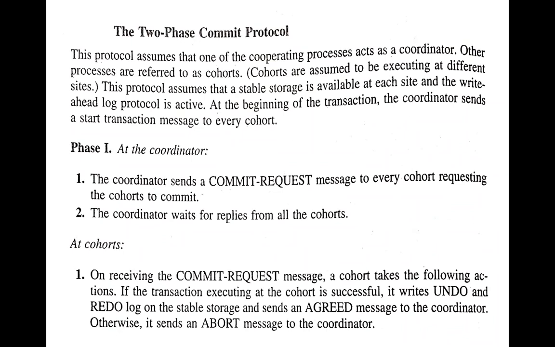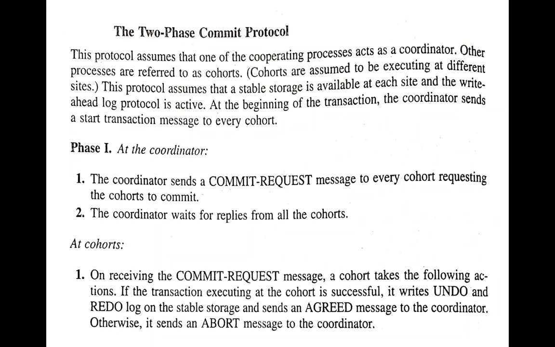This protocol also assumes that we have a stable storage at every site, and the write-ahead log protocol is active. So in the very beginning, when the transaction starts, the coordinator sends a start transaction message to every cohort. So what happens in phase number 1 at the coordinator site?